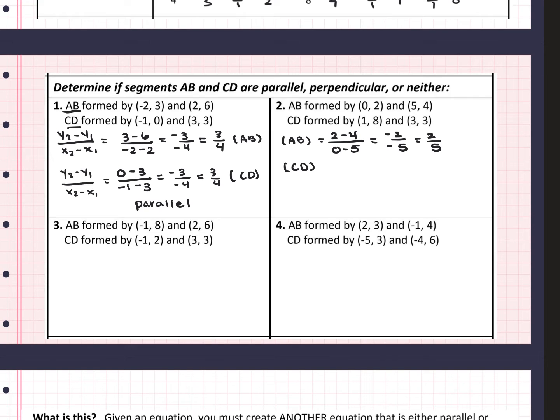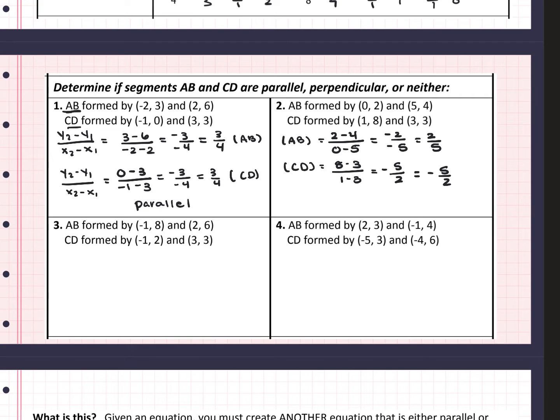And then for CD, we have 8 minus 3 over 1 minus 3, which gives me 5 over -2, which just reduces to -5 over 2.